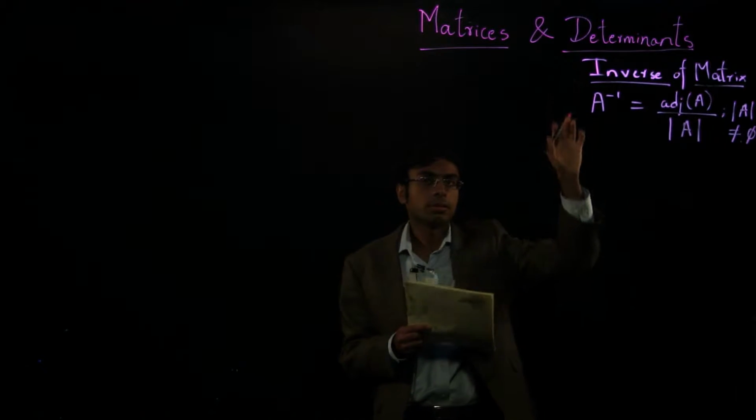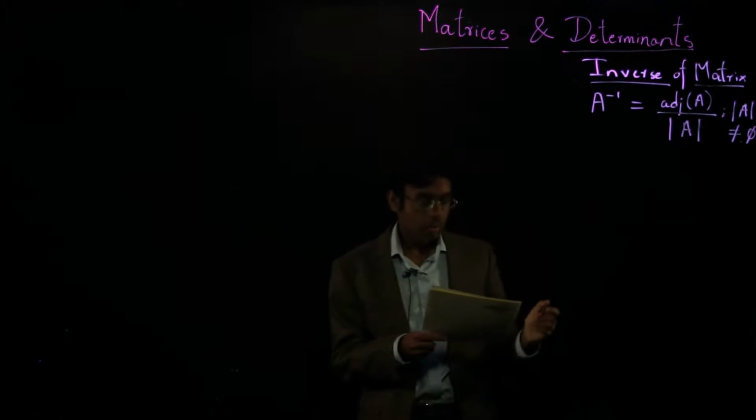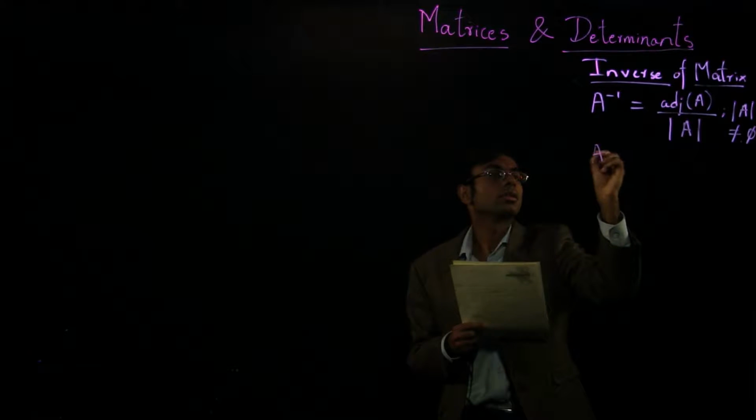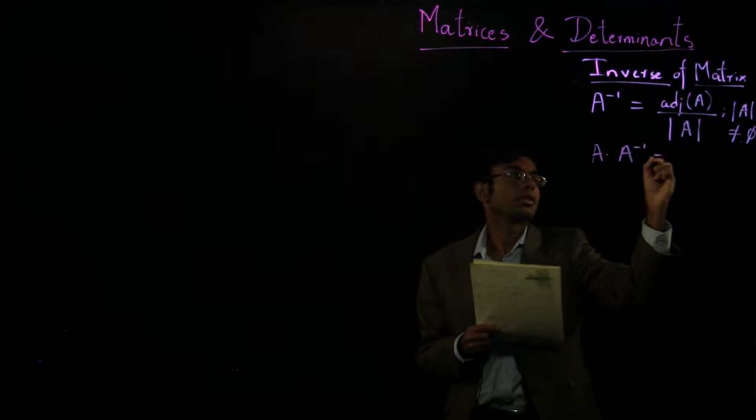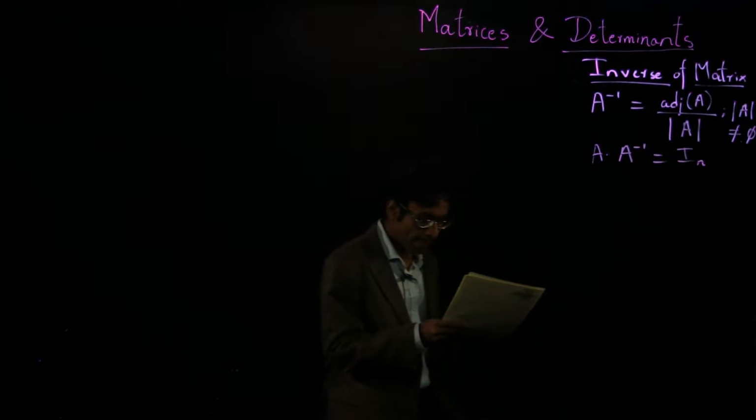Clearly, the inverse only exists for square matrices, and by definition A times A inverse equals I, where I is the identity matrix of order n.